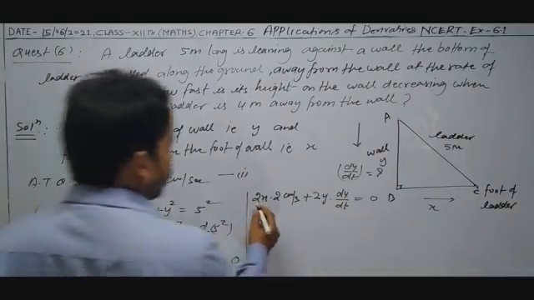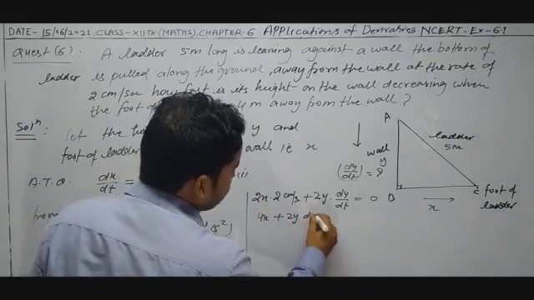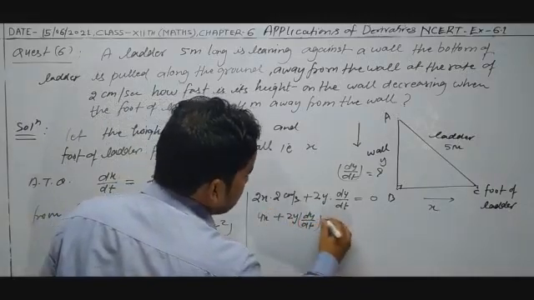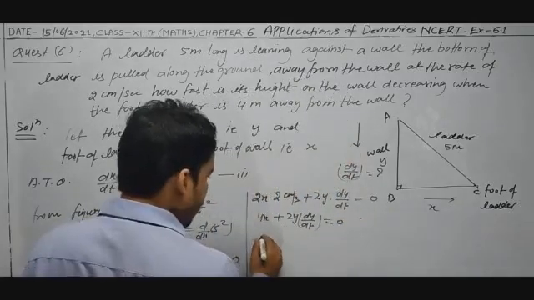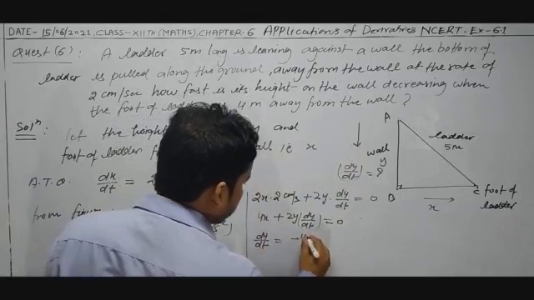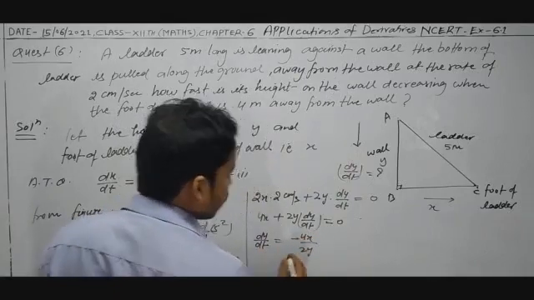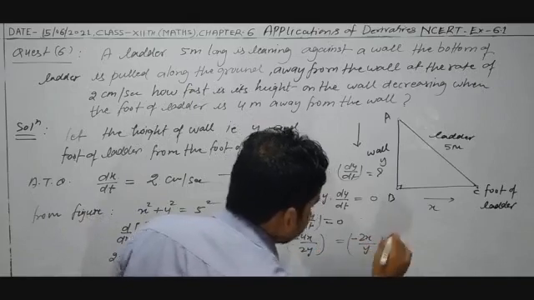This result will be 4x plus 2y dy by dt is equal to 0. This implies dy by dt is equal to minus 4x upon 2y, and its result is minus 2x upon y.